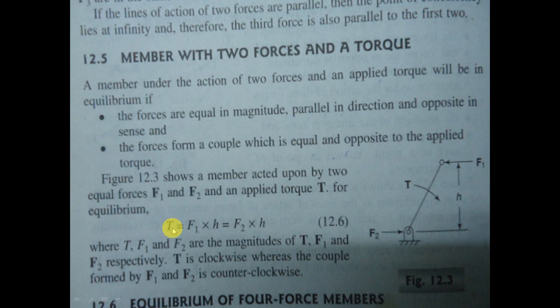So the product of F1 into h, equal to F2 into h, gives a static equilibrium for a member acted upon by 2 forces and a torque. And T is clockwise, whereas the couple formed by F1 and F2 is counterclockwise. So when this happens, the link will be in static equilibrium.